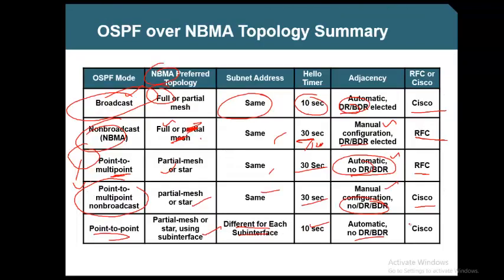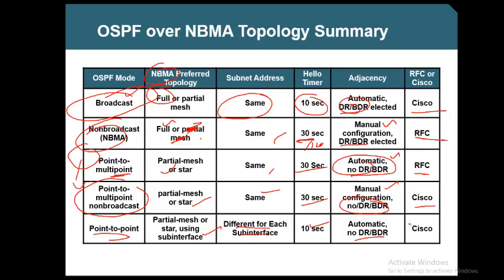And point to multi-point, number 3. In point to multi-point, the adjacency is dynamic, automatic, because it's in the same subnet, right? And no DR/BDR, because this mode is designed to support partial mesh, so there is no DR/BDR.